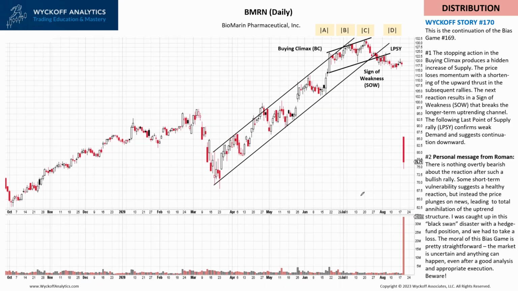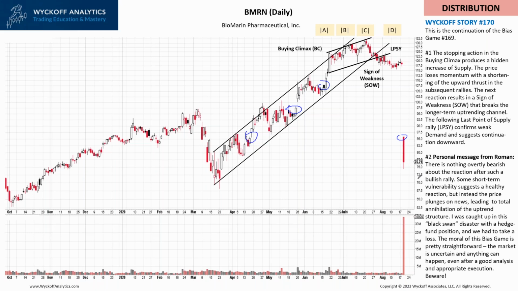Now, remember, I was trading this with the hedge fund, and we had been accumulating this position on the way up. So when we went into the close, obviously I'm not doing anything at the open as a hedge fund manager, because you cannot react right away to the event.